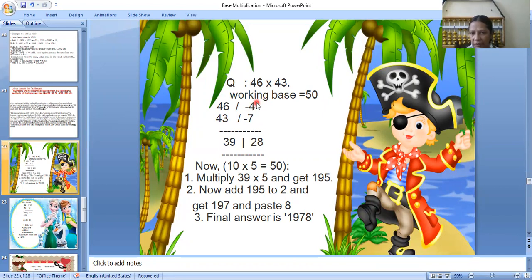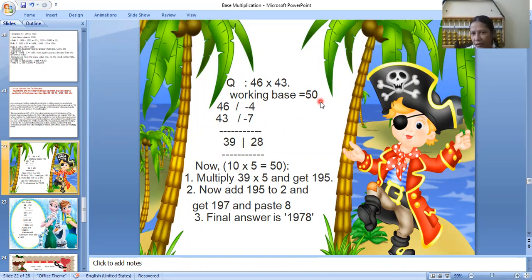In my previous videos, as you have seen, you have to multiply the numbers on the right hand side. Minus 4 into minus 7 will be plus 28. And if you do 46 minus 7, or if you do 43 minus 4, you will get here 39. Now you see, the working base is 50.